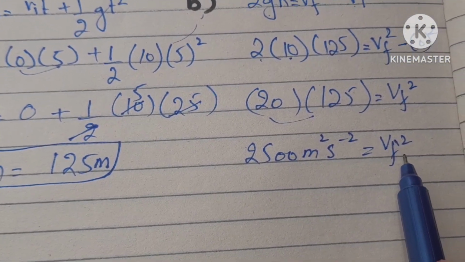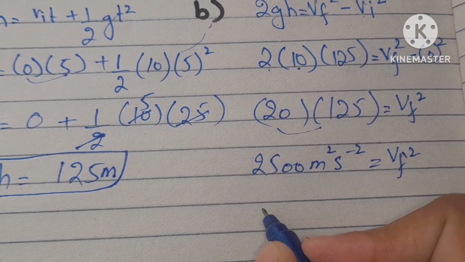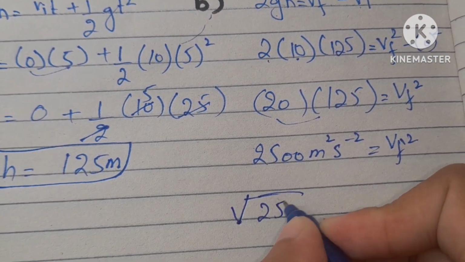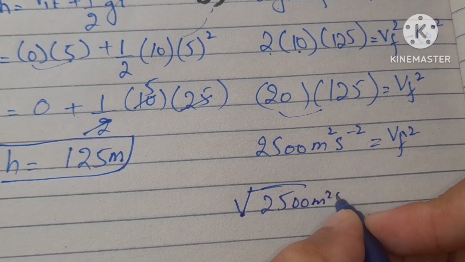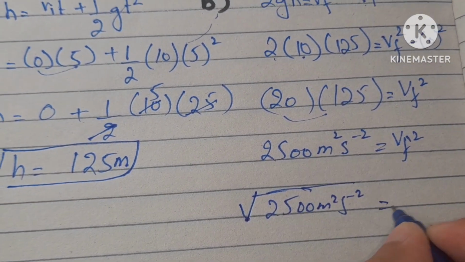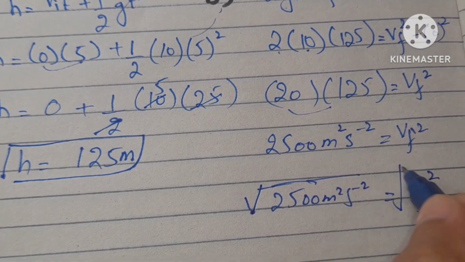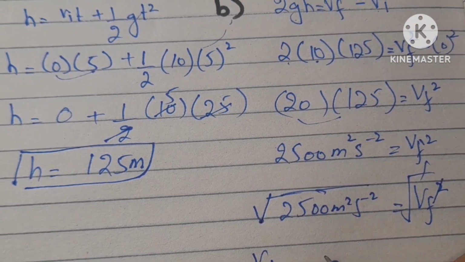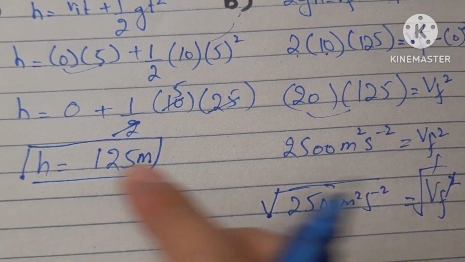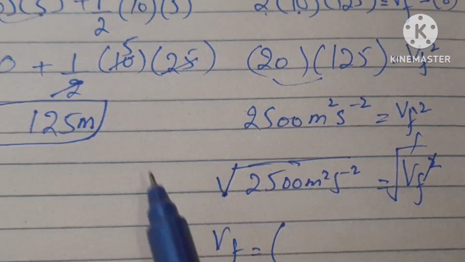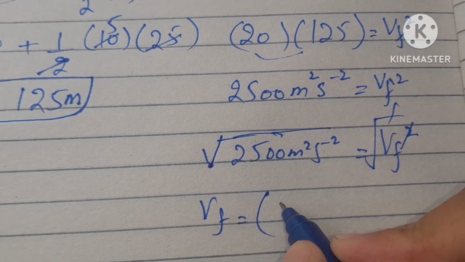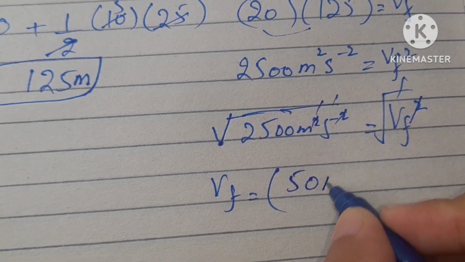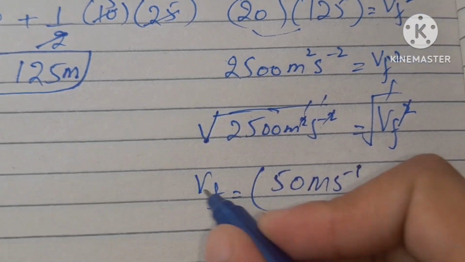And we have to find Vf, so we take the square root on both sides. The square root cancels the square, and Vf is equal to the square root of 2500, which is 50, meter per second.